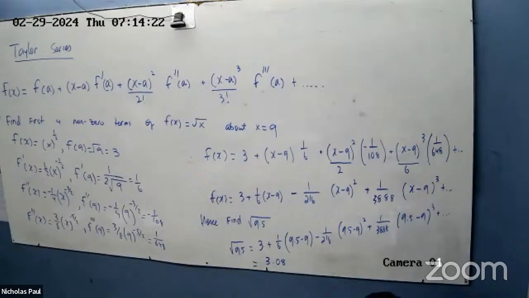Let's try this Taylor first, then we do our Maclaurin. Let's try 2017, number 3A. I'll give you the important part.